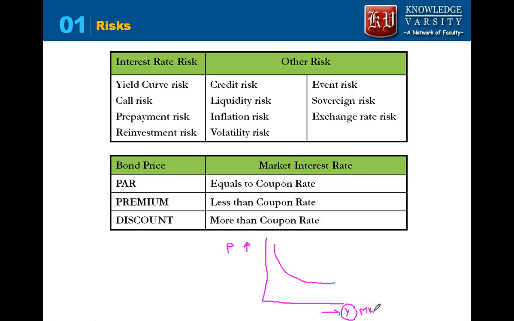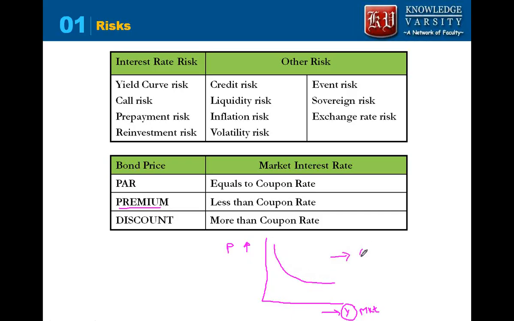So there is an inverse relationship between yield and price. When the yield falls, the price increases. This is why we have said that when the market rate is less, then the bond is trading at a premium. Similarly, when the yield increases, the bond price decreases, and this is the shape of the curve.